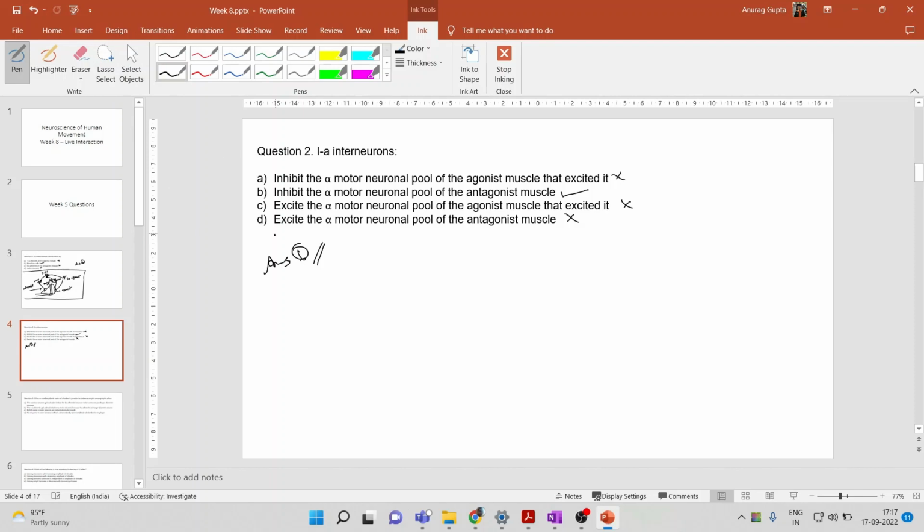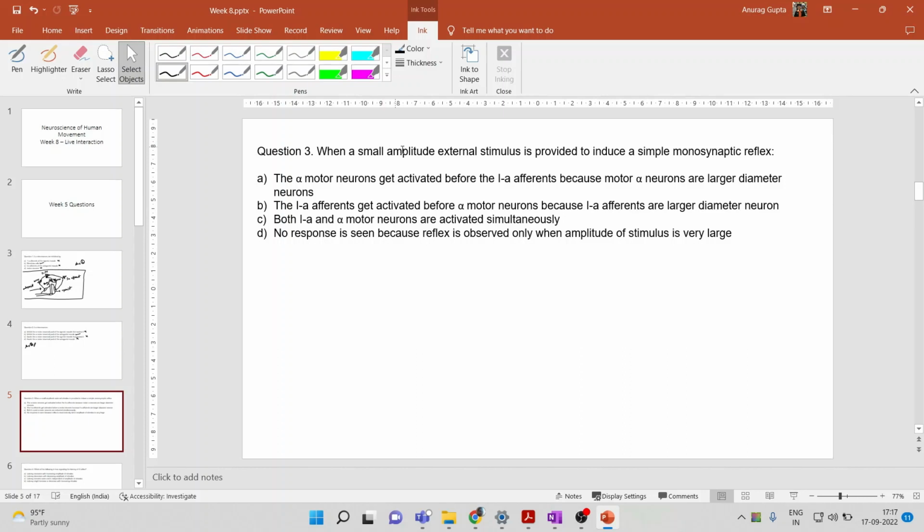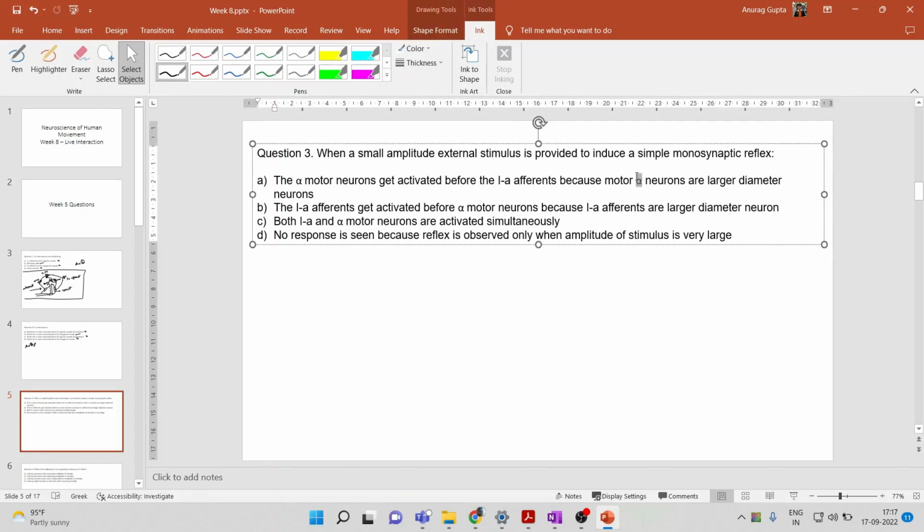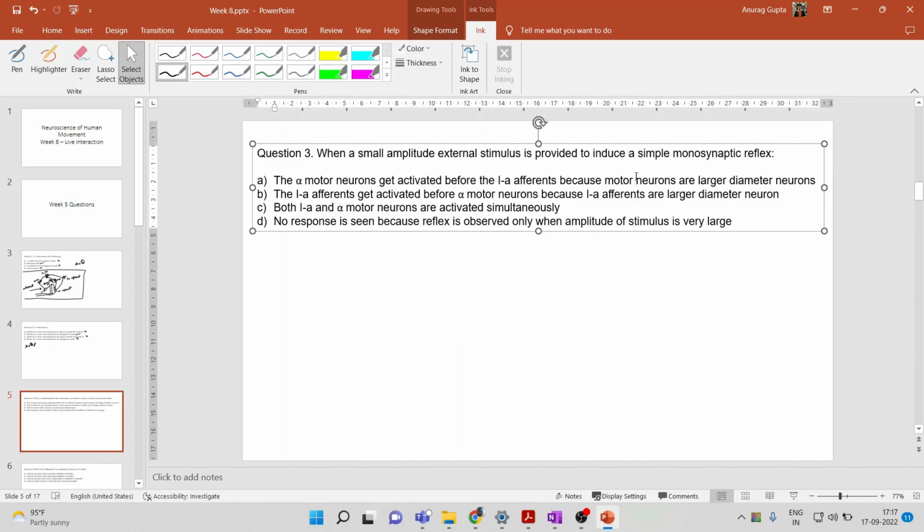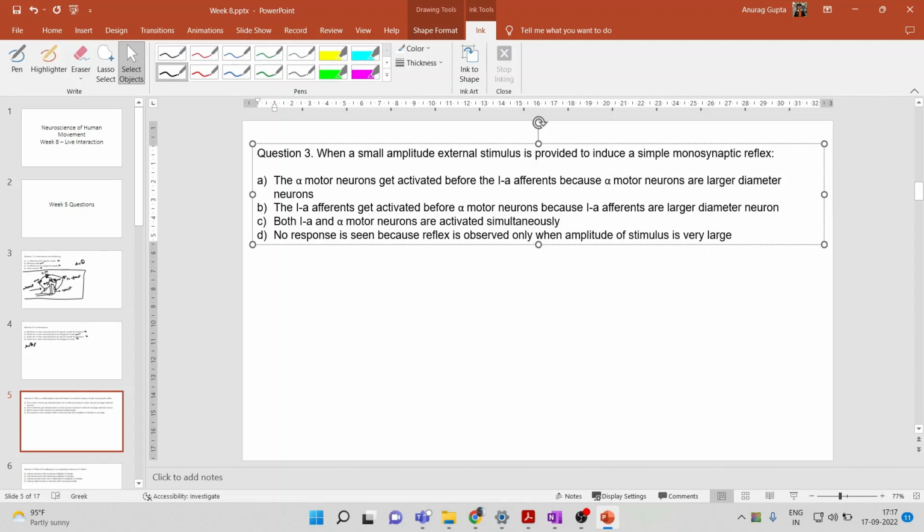Okay. When a small amplitude external stimulus is provided to induce a monosynaptic reflex, the alpha motor neuron gets activated before the 1A afferents because... so there's a typo here. Okay.